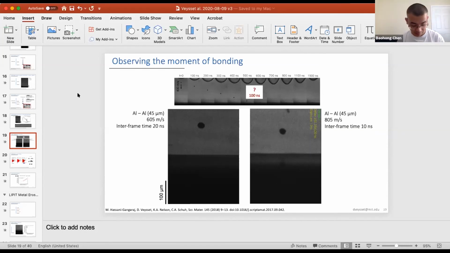So I have a further question. For your camera, I'm wondering how good your camera is. Is there any special specification for the camera? This camera is different from a conventional camera because it can reach nanosecond interframe time, and the way it does that is by having multiple detectors. It's quite a large camera. I can give you the specifications, but it's 16 cameras, and you can trigger each camera individually.